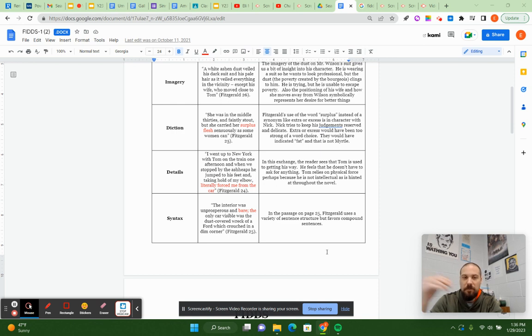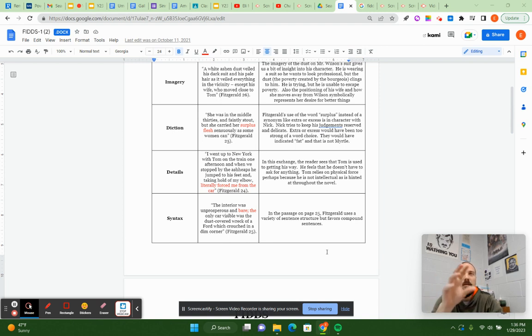If you look at the example from The Great Gatsby, "a white ash and dust veiled his dark suit and his pale hair, as it veiled everything in the vicinity except his wife, who moved close to Tom." The thing we get out of this is color: white, ash, white, pale hair, dark suit.